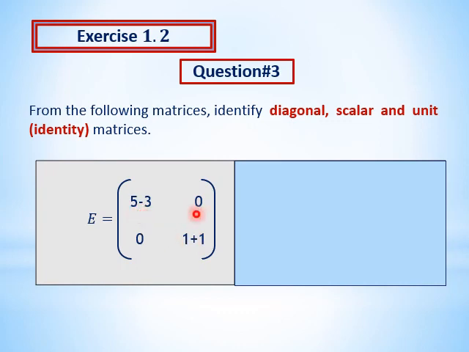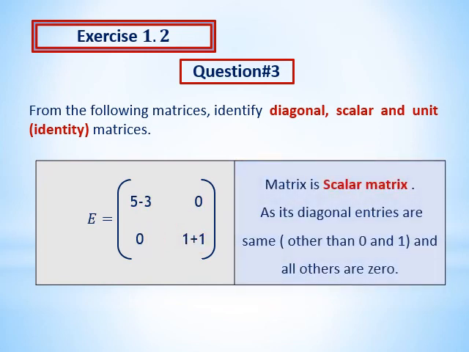And non-diagonal entries are 0 and 0. Diagonal entries are equal to 2 and 2, both the same, and non-diagonal entries are 0. So the matrix is a scalar matrix as its diagonal entries are the same, other than 0 and 1, and all other entries are 0. So this matrix E is a scalar matrix.